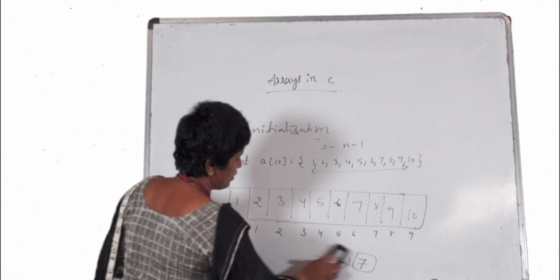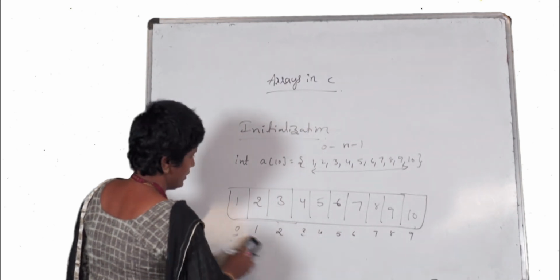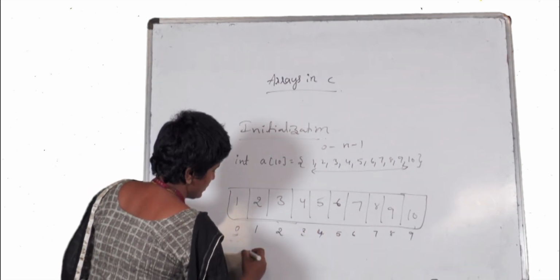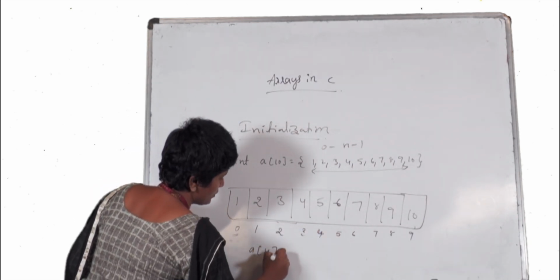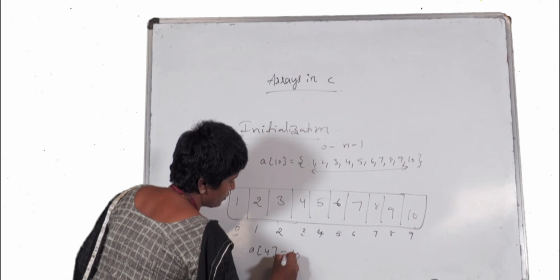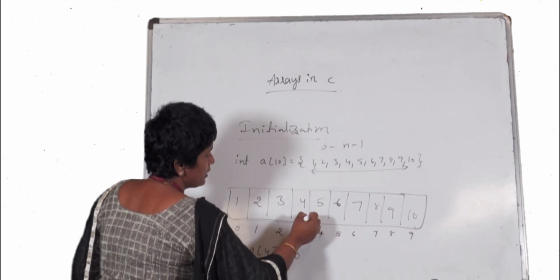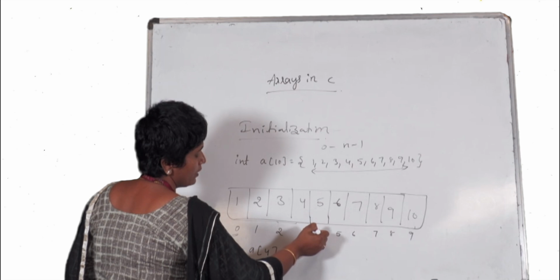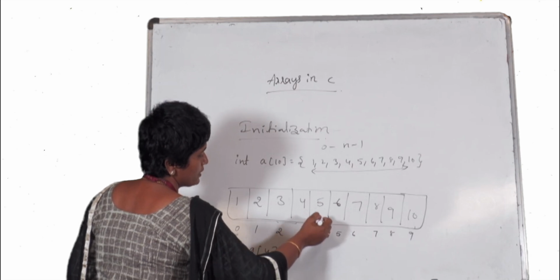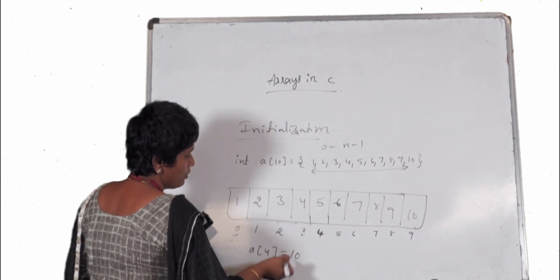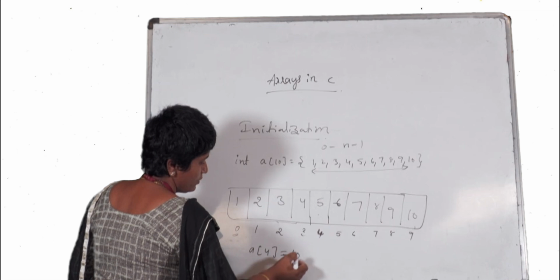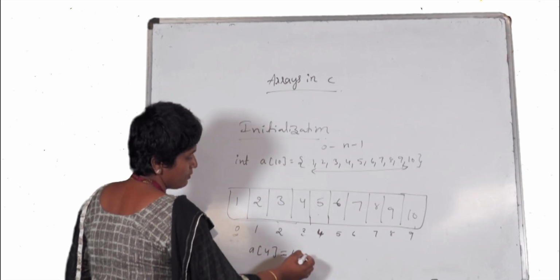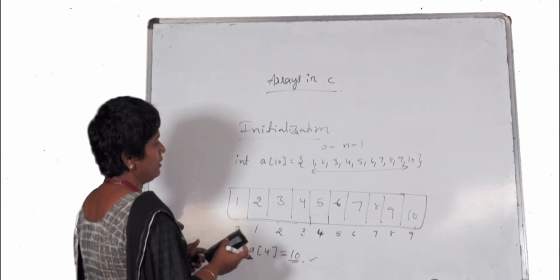I give a[4] = 10. Initially at the start, the value at index 4 was 5, and we are modifying that value to 10. In this way we can modify the array value.